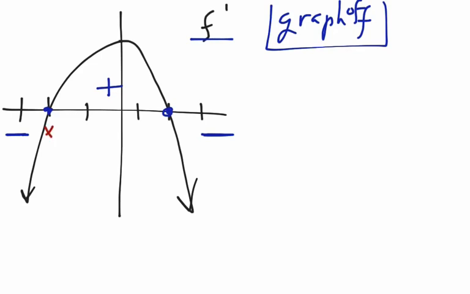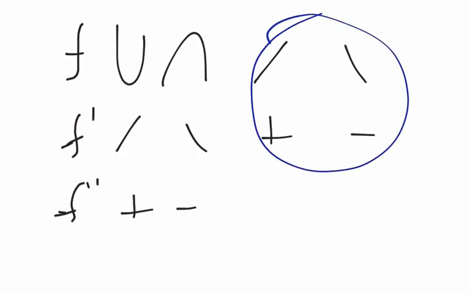So check it out. Over here, at x equals -2, notice that f prime changes from negative to positive. There's something on the fun chart about that. Let's go check it out. Here's the fun chart. f prime changed from negative to positive.